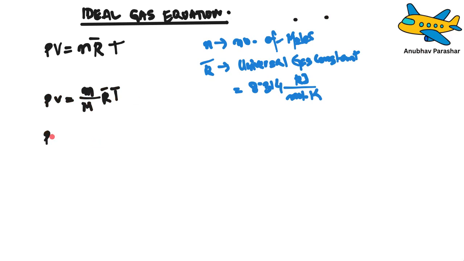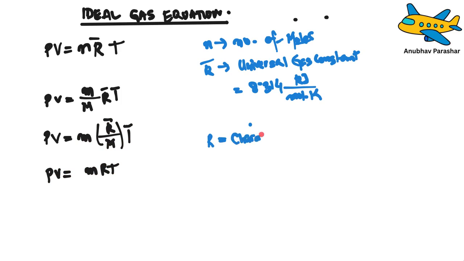Now if we shift the molecular mass a little towards the right, it becomes R' divided by M into T. So this equation now becomes PV is equal to mRT, where R is the characteristic gas constant, and the value of R is dependent on the molecular mass.